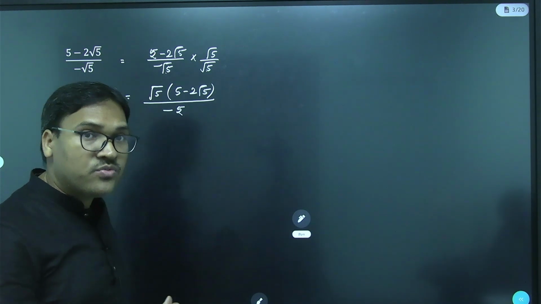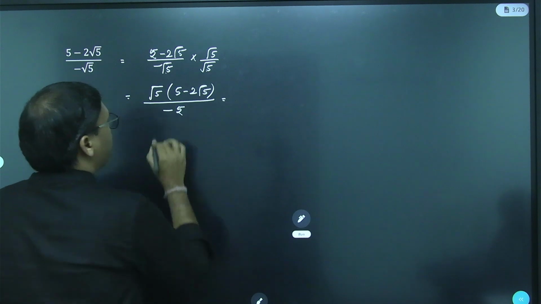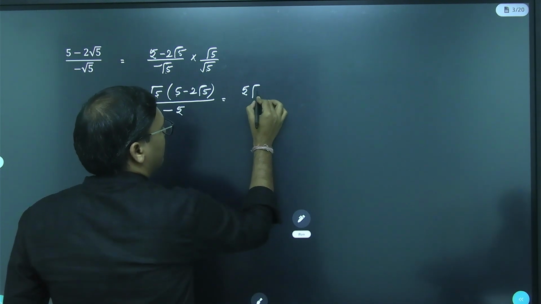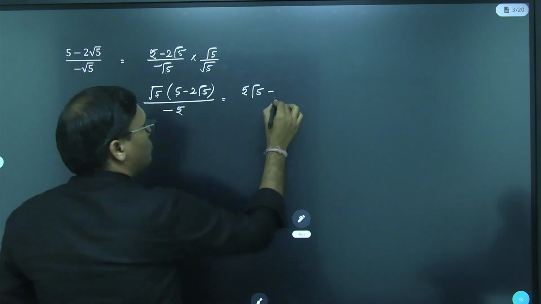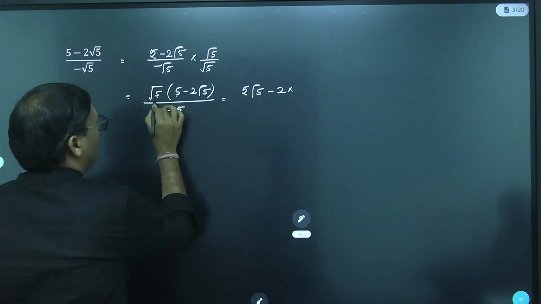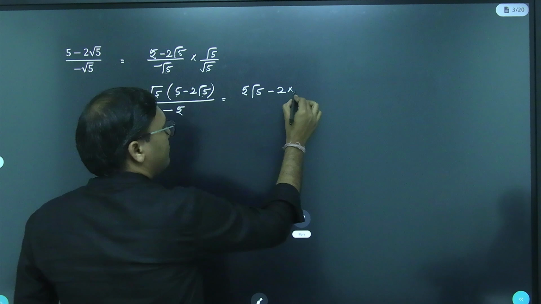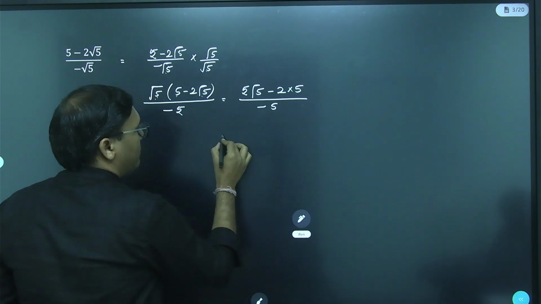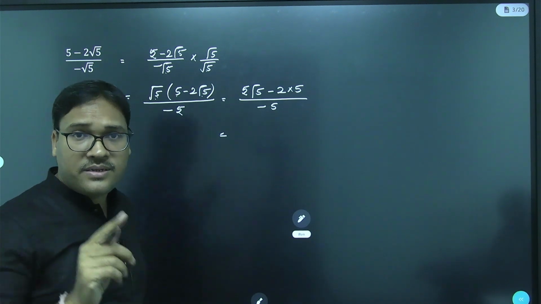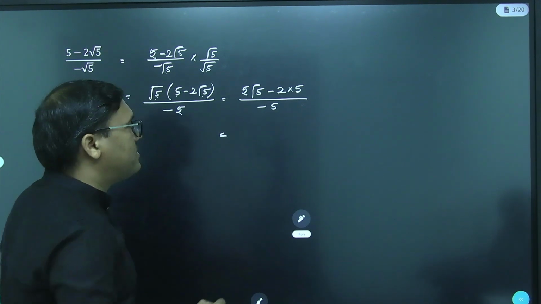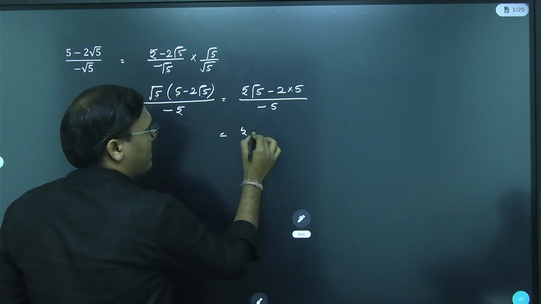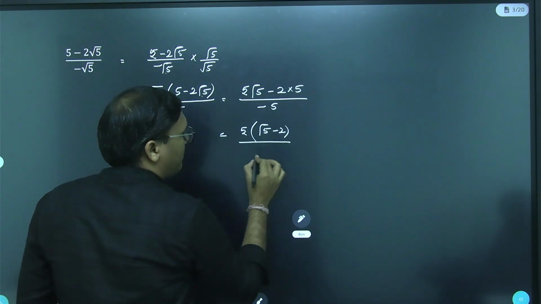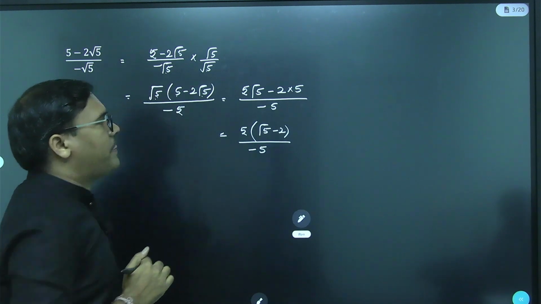Now if I simplify this further, this is root 5 into 5 is 5 root 5, minus 2 into root 5 into root 5, which is 5, divided by minus 5. Now if you observe this, there is a common factor of 5 here. If I take 5 common, this is 5 into root 5 minus 2, divided by minus 5, right?